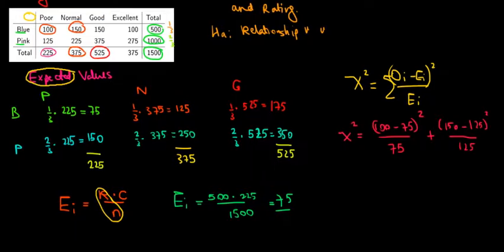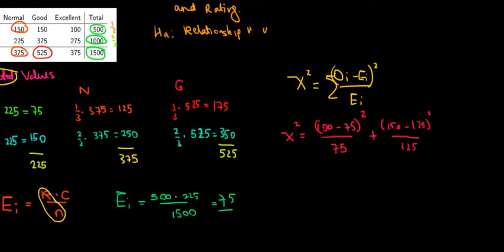I'll go to the right to keep writing because I need space. Plus the value from the third cell: 150 minus the expected value, which is 175, to the power 2 divided by 175.